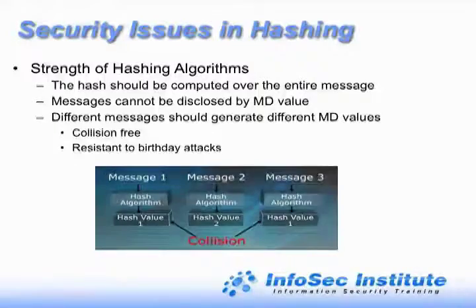Strength of hashing. Hashing should be computed over the entire message. Messages cannot be disclosed by the MD value. And different messages should generate different MD values. Collision-free basically means it's not going to be susceptible to birthday attack or frequency analysis.